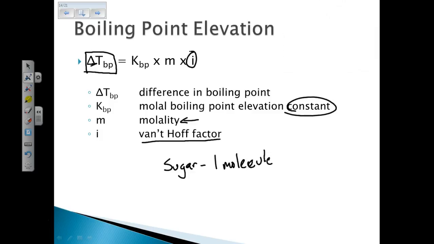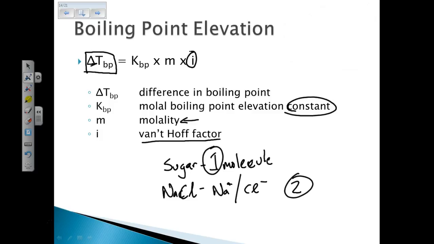So the Van 't Hoff factor for sugar is right around 1. When you have sodium chloride, when this goes into solution, you end up with a sodium ion and a chloride ion. So the Van 't Hoff factor is 2, because now we have 2 particles, in this case 2 ions, that are produced. And so the boiling point elevation is dependent on the number of particles.